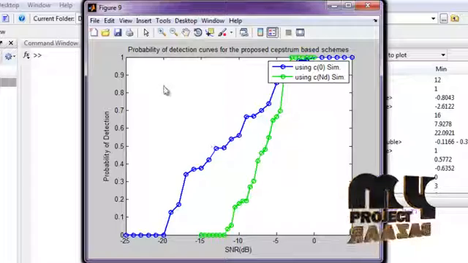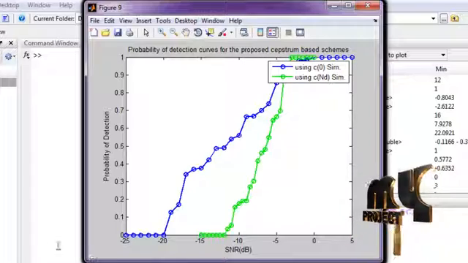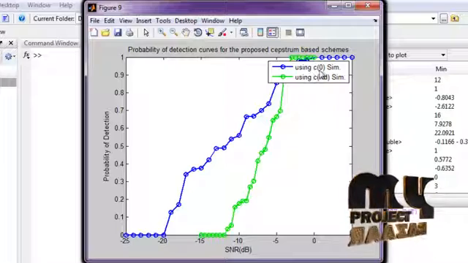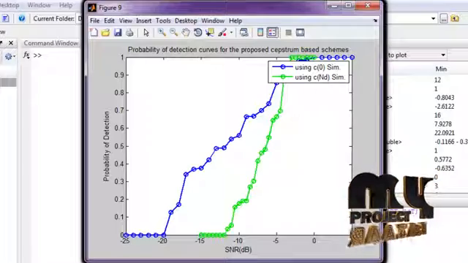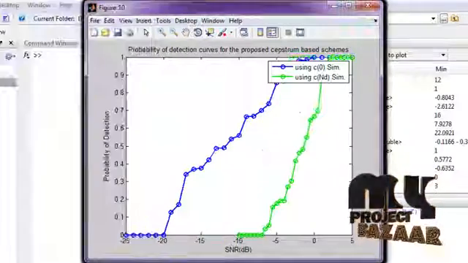And this is the probability of detection curves for the proposed Cepstral-based schemes. Here C of 0 represents the case considering AWGN only, and C of N_d is the Cepstral coefficient for the OFDM signal.